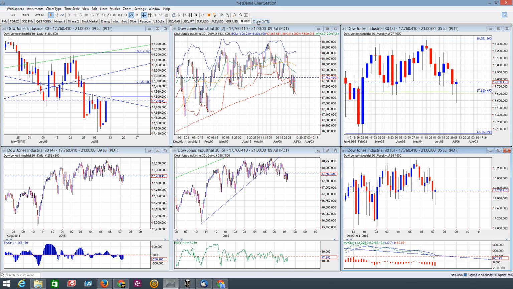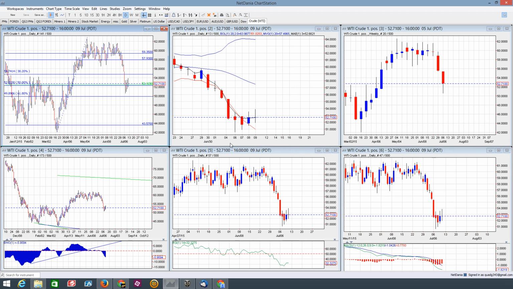Okay, let's move on to crude. All right. Crude oil here has shot down a lot deeper than I expected, but it seems to be giving us a small bounce just above the 61.8% Fibo, right there at about 49.90.